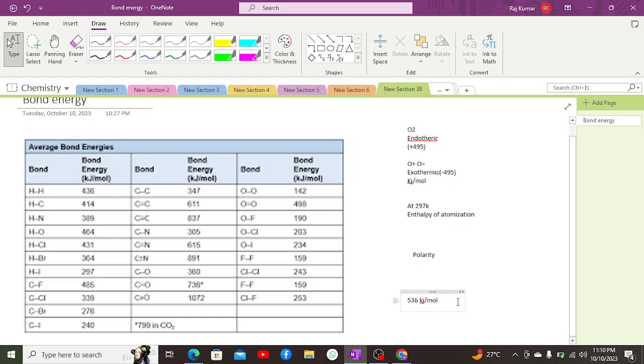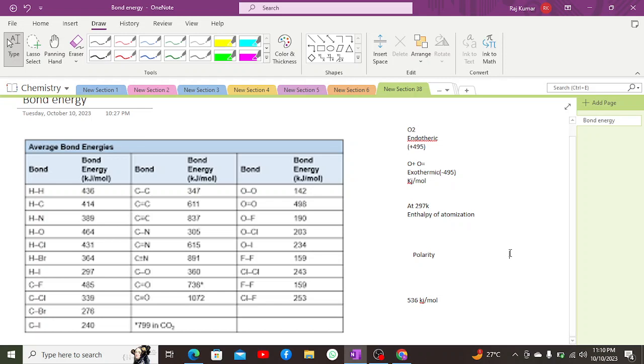But when it comes to hydrogen chloride, HCl, its bond energy is 431 kilojoule per mole. In this case, the electronegative difference of fluorine is 1.9 and the electronegative difference of chlorine is 0.9. So, due to the electronegative difference, you can see there is a high amount of difference in the bond energy as well.